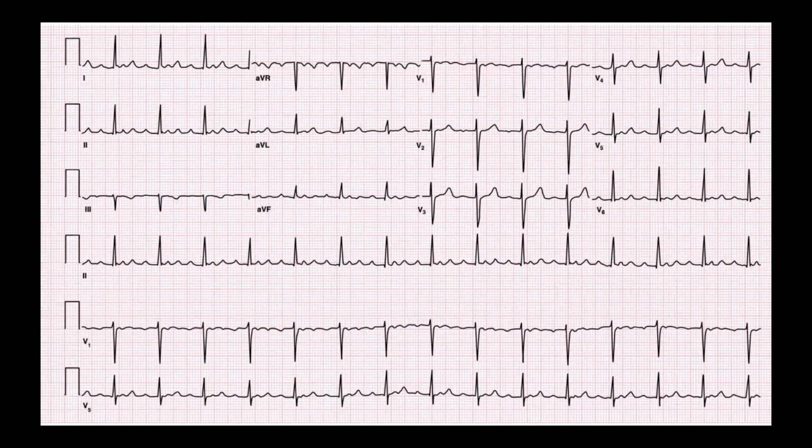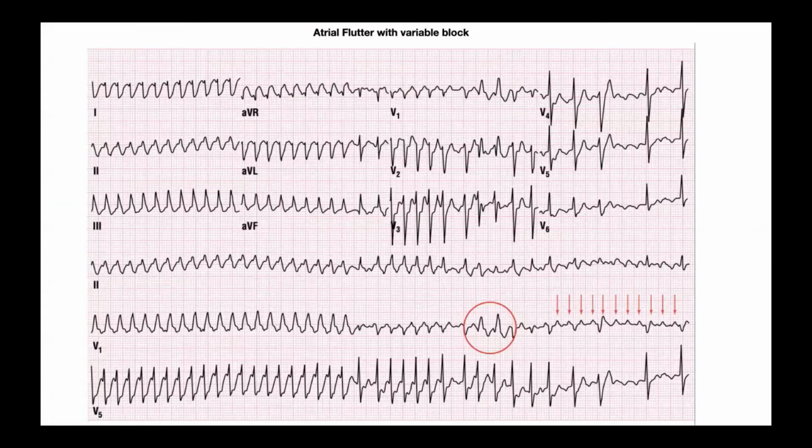Next ECG, who will take this? What about the axis? Axis, okay. Who did the axis? Right. What do you think?